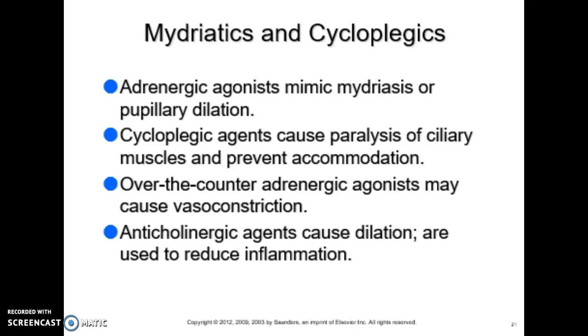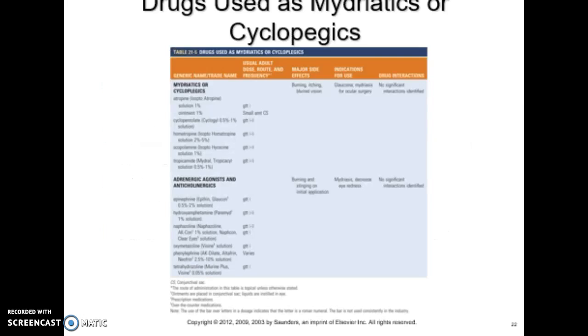These are the drugs used during routine eye exams. Both adrenergic agonists and cycloplegic agents are used in the diagnosis of ophthalmologic disorders, and so they're used for different things when doing the eye exam.